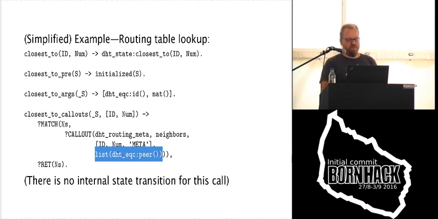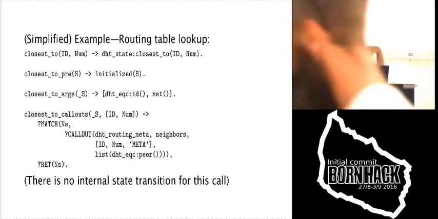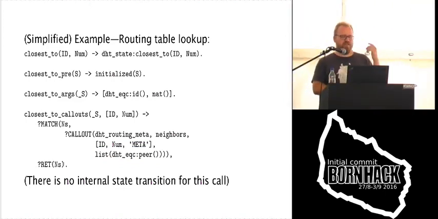So now that is bound to the NS here, and then we say that the callout sequence returns the NS. This means the postcondition expects the list of peers that we just generated by calling into the subsystem through mocking to be exactly the response we want for this closest-to call.